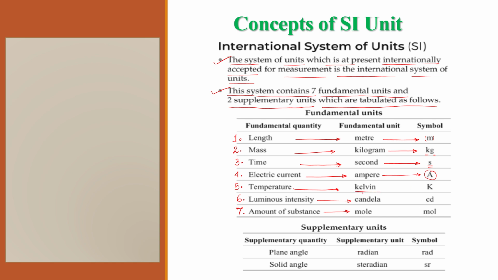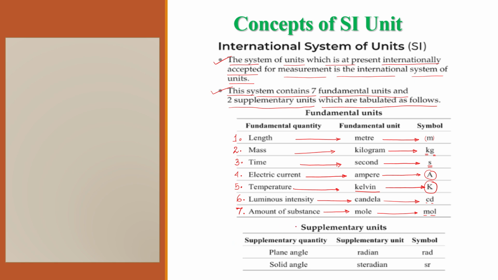Kelvin is also represented with a capital letter because it is also taken from the name of a scientist. Then candela is represented as cd, where c and d both are small. Mole is represented as mol, in small letters.